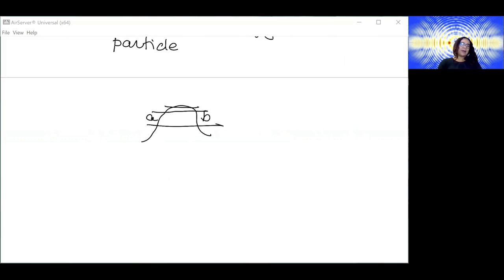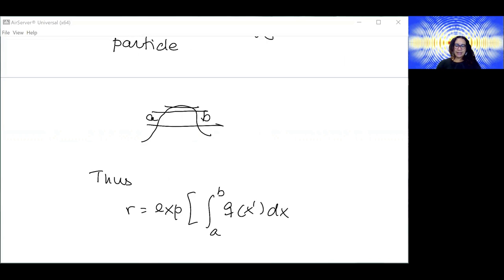Just to remember, thus R, which is exponential of the integral from a to b of q(x') dx' divided by h bar, this has to be bigger than 1.